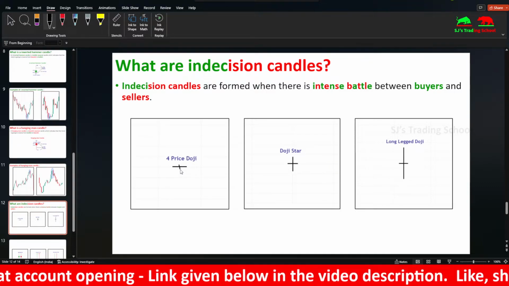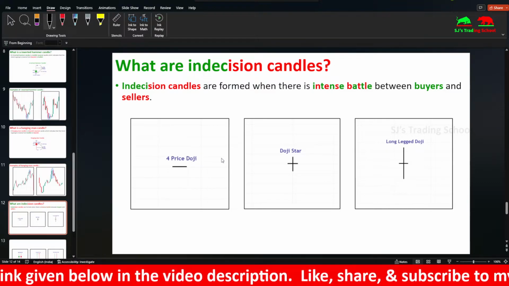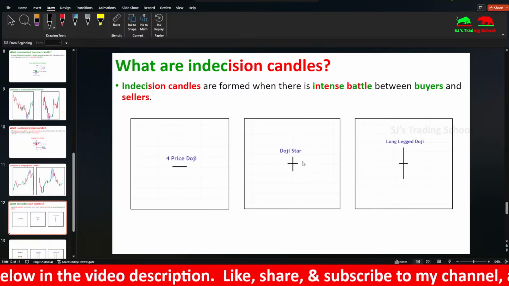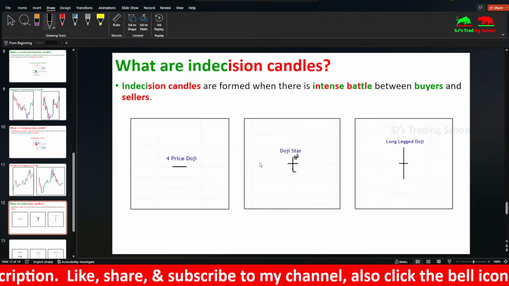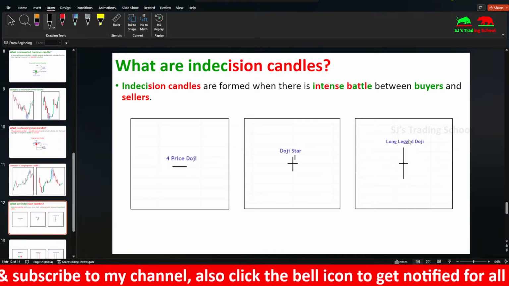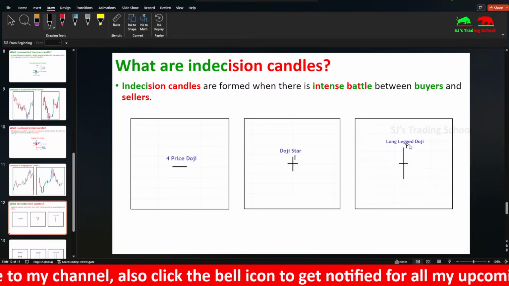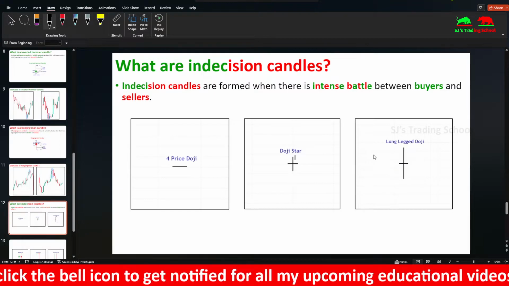The high and low difference would be minute. And here, the open is equal to the low, and the high is here, and the low is here, a little higher. It also has a longer wick. In the case of the long legged doji, the high is here, the low is here. Open and close are equal. This is the long legged doji.